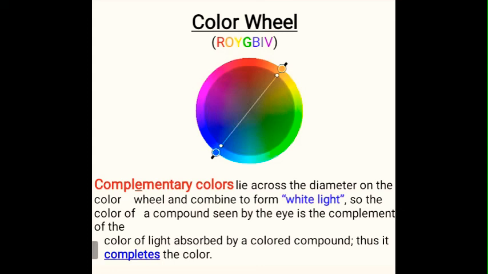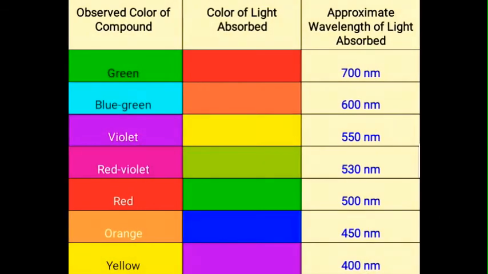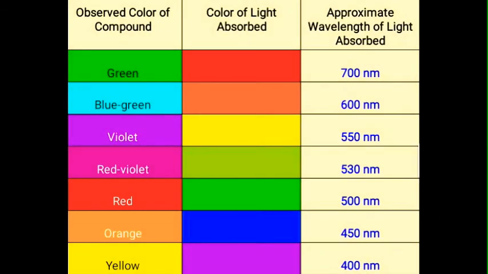So the next chart is here. As I told you, inside the instrument there is a color filter present, with different types of colors having different wavelengths. This chart is divided into three parts: first, observed color of compound; second, color of light absorbed; and third, approximate wavelength of light absorbed.